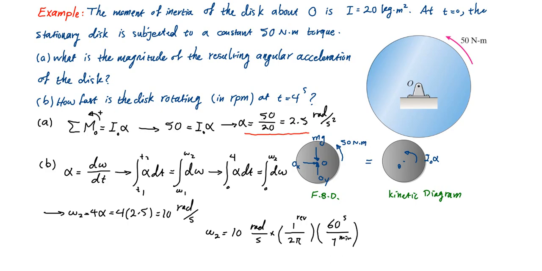Do this math, you will get 95.493 revolution per minute, or as they call it also RPM. So that would be the answer for part B. That's the angular velocity of the disk after 4 seconds in revolution per minute.